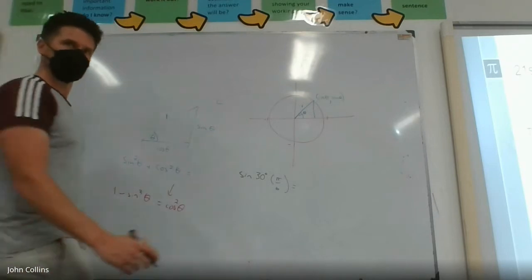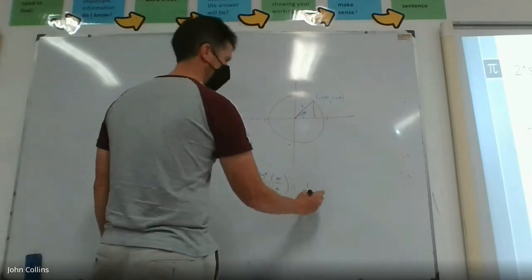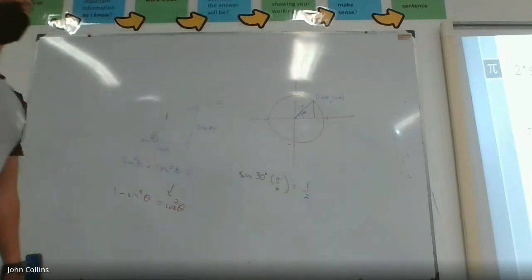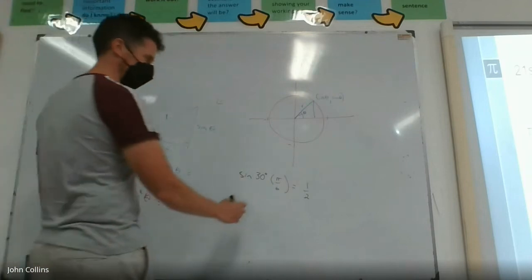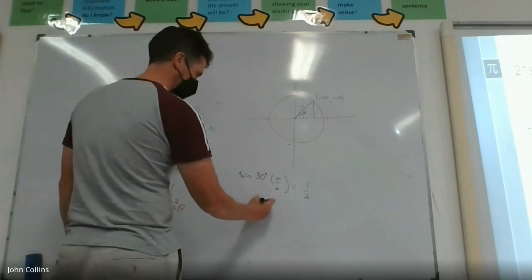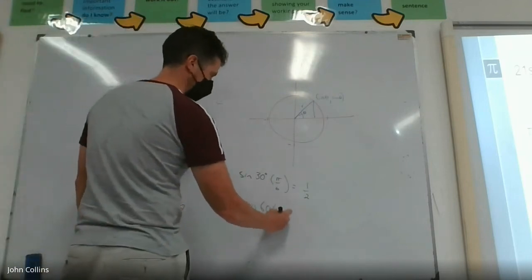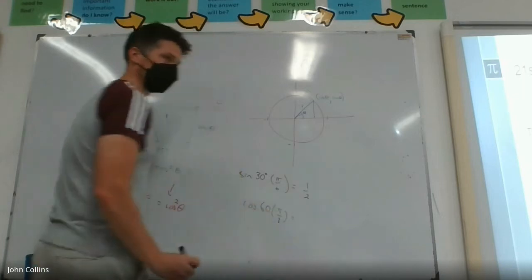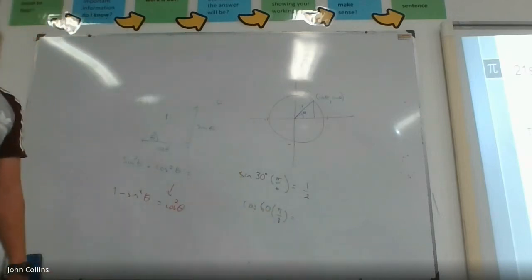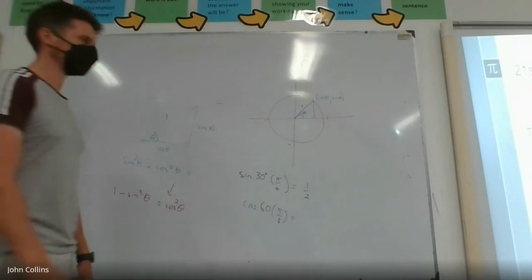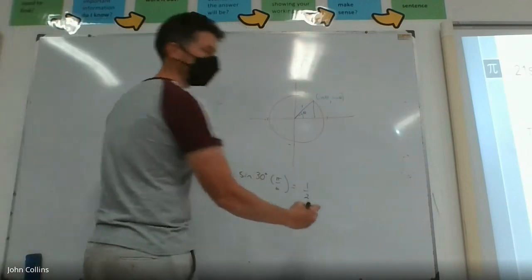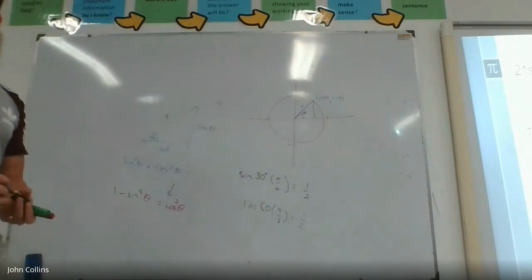Sure? You're right. Sine pi over 6 is a half, and cosine 60 degrees, pi over 3, Jonathan? Also a half, yes. Coincidence? No.